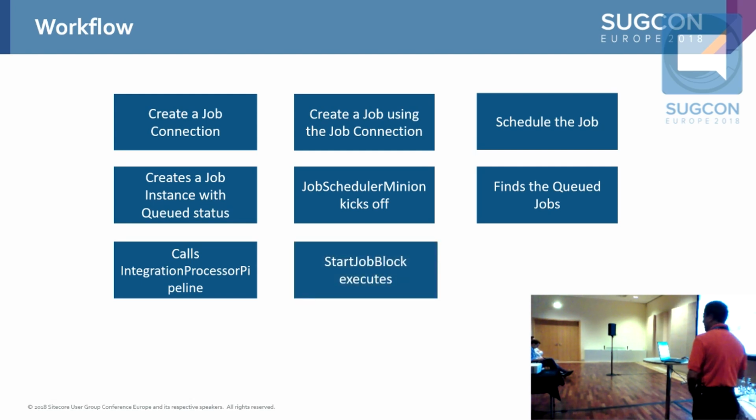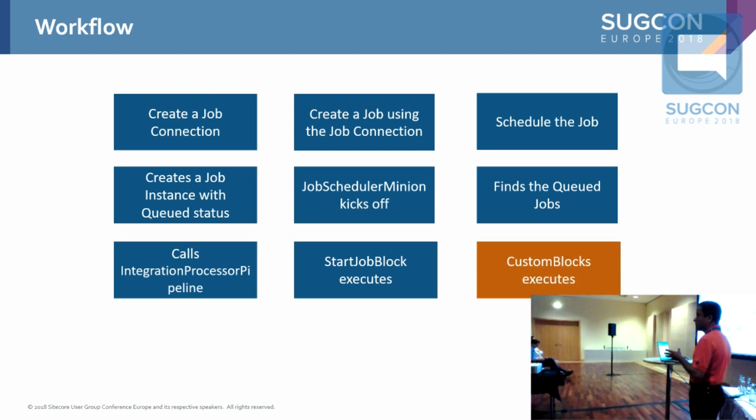In the framework, there are two blocks for that integration processor pipeline. The first one is the start job block. That start job block collects all the information for the jobs that will be running and passes that information to the custom blocks.